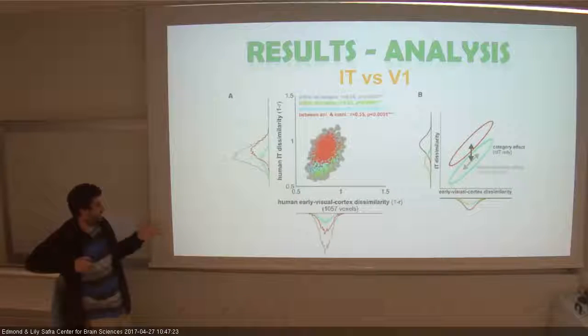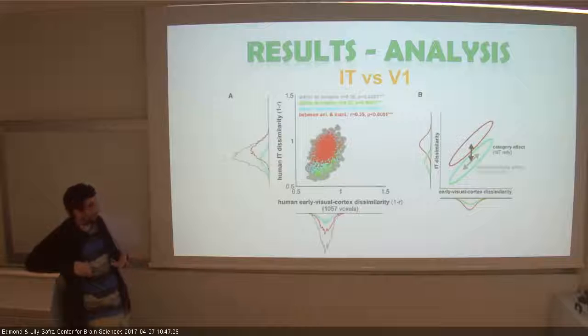As you can see, within the category the points are very, very correlated to the V1, which suggests that inside the category they might be using the simple features in order to differentiate. But when we go between categories, the correlation is almost nonexistent.